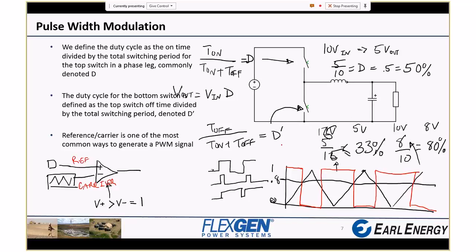So this is very important to what we do. All of our controlling a power converter really comes down to changing the reference into this pulse width modulator in order to affect a change in the switching pattern, in order to affect a change in the output voltage.